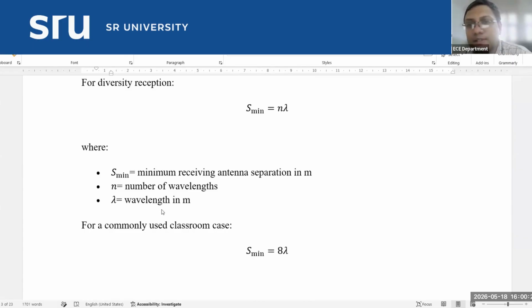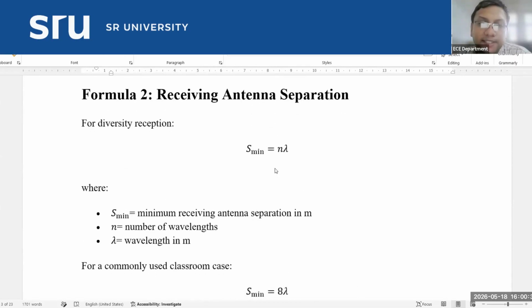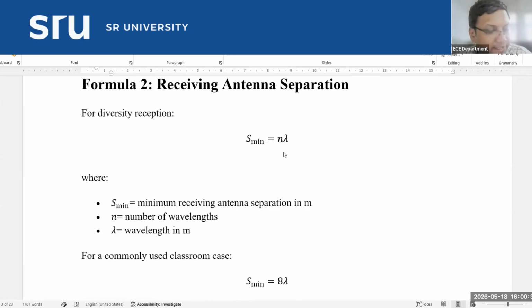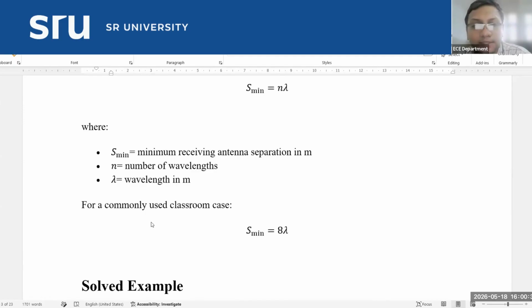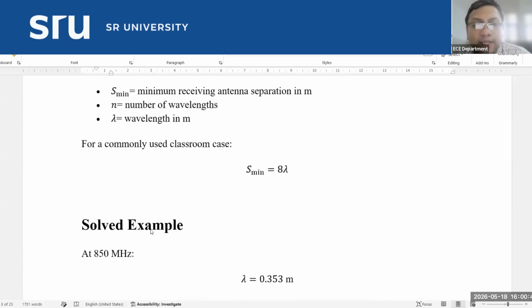If in the question paper 8 is not given and some other figure is given, the general equation is: S min, the minimum distance for spacing or separation, is equal to n lambda, where n is the number of wavelengths and lambda is the wavelength.